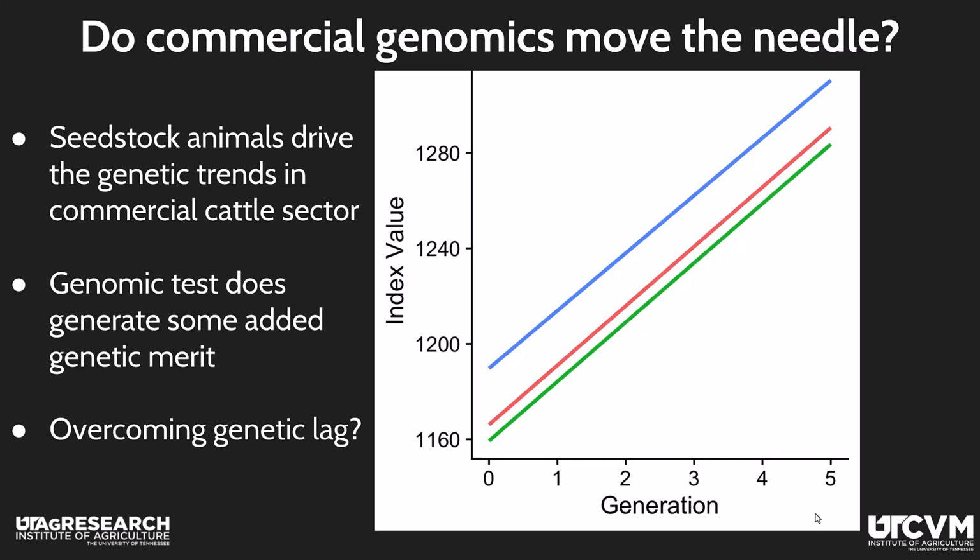Otherwise, it's just extra information floating around. So if you're going to utilize commercial genomic testing, you've got to genotype more heifers than you plan to keep. If you're just genotyping the heifers you already know you're going to keep, you're confirming what you already know, and that doesn't move the needle at all from a selection accuracy perspective.